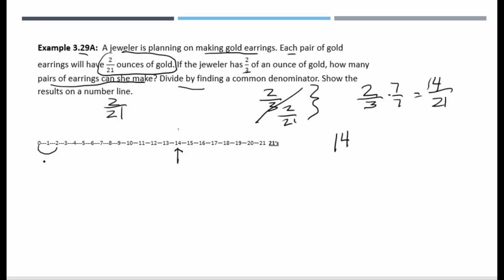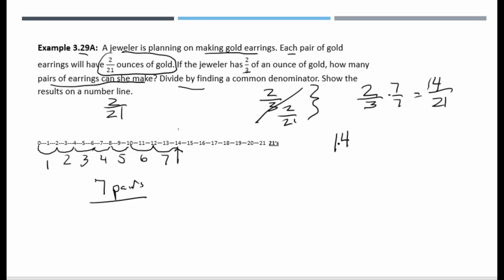So there is 1 pair of gold earrings. There is 2 pairs. There is 3 pairs. 4, 5, 6, 7. So we can make 7 pairs of gold earrings.